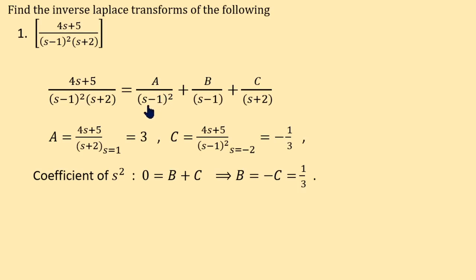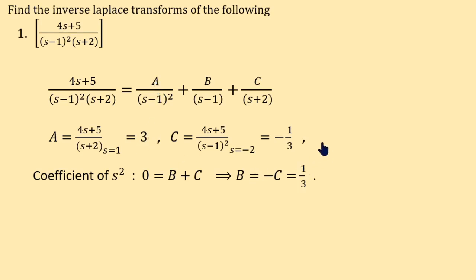Suppose this is by applying the first rule in the inverse Laplace transform. Assume that this is function of s minus 1. So L inverse of function of (s minus a) is L inverse of function of s into e power at, e power 1t. So e power 1t into L inverse of 1 by s square. 1 by s square inverse Laplace transform is t. Therefore, it is t e power t into a.